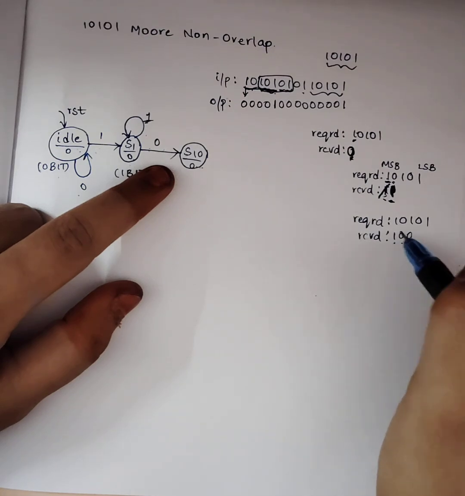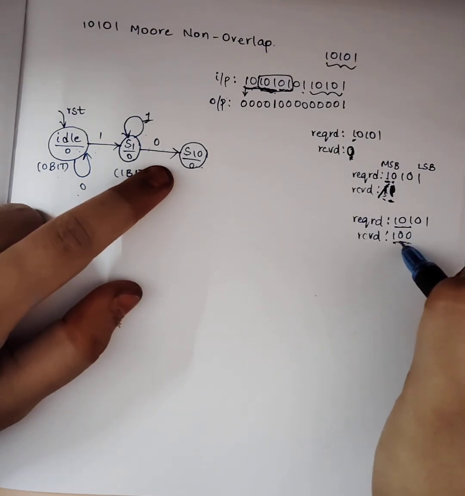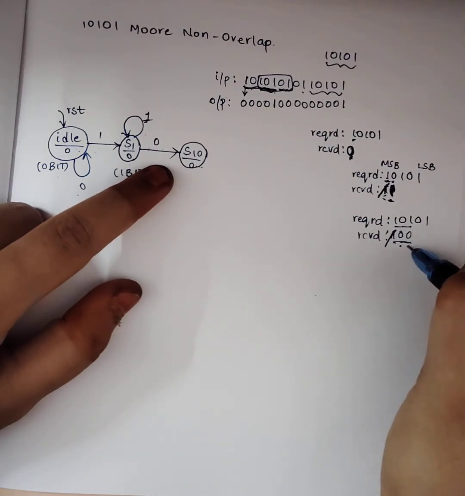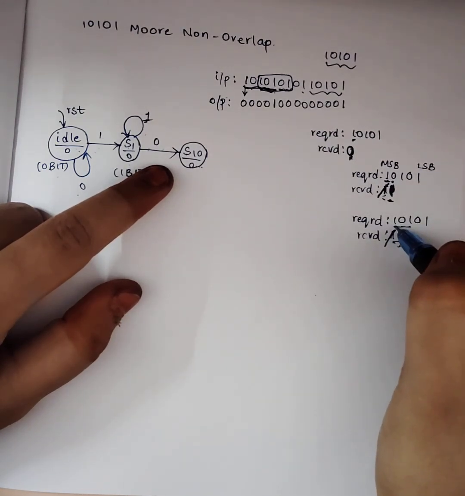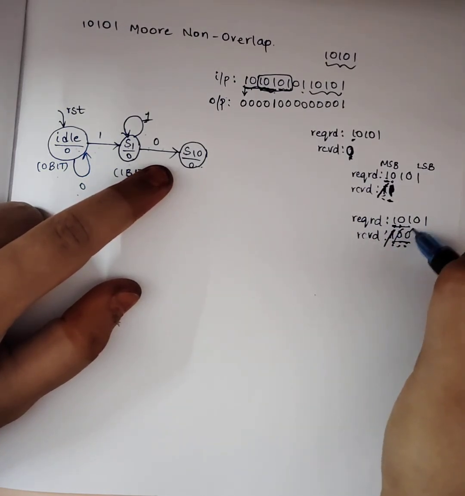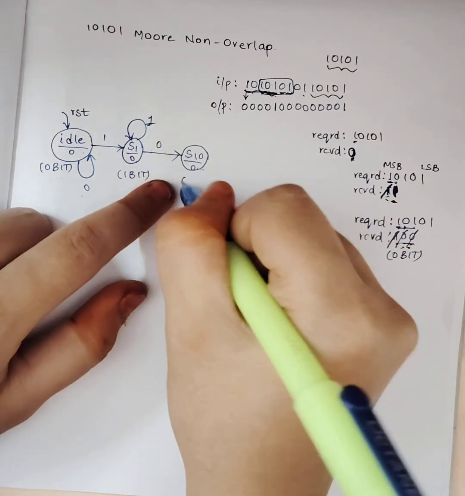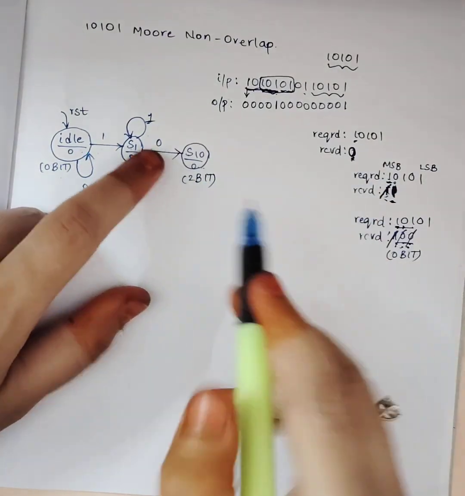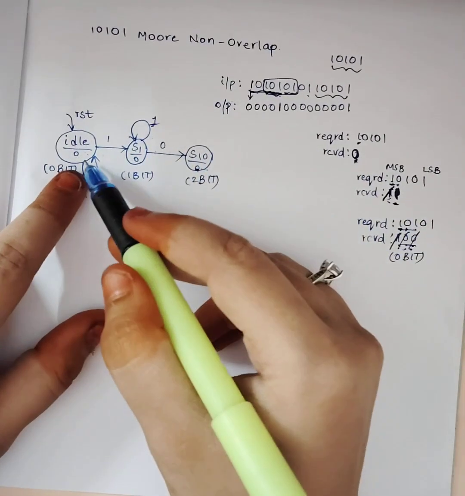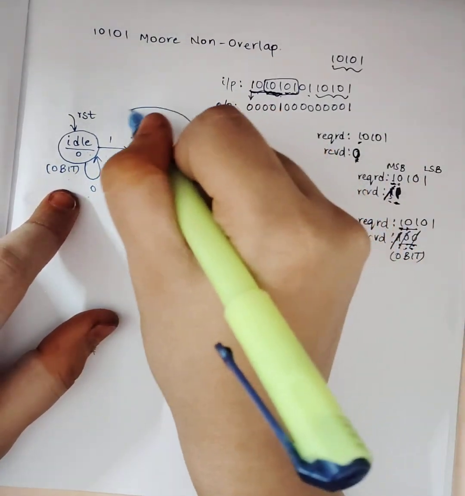Here we are checking for 3 bits, so here also we should check the first 3 bits. 101 is not matching with 100, so we will strike out the MSB bit and check the latest 2 bits. 00 is not matching with 10, so we will strike out this 0 and check the latest bit. 0 is not matching with 1, so we will strike off this also. This will be the 0 bit match state. This we will consider as the 2 bit match state, and we are here. If we receive 0, we will go to the 0 bit match state, where we already have this state, so we will go here.